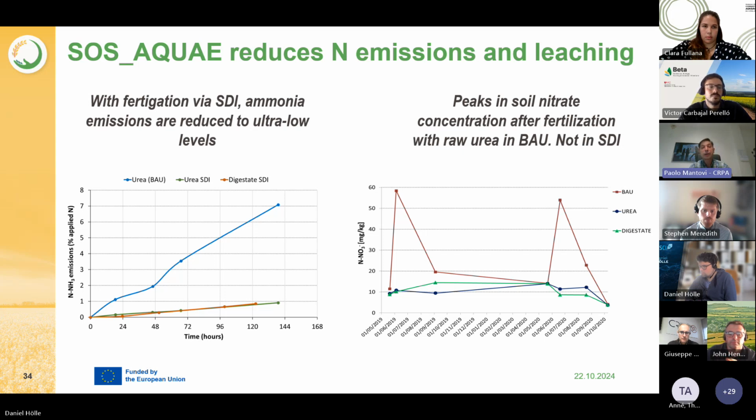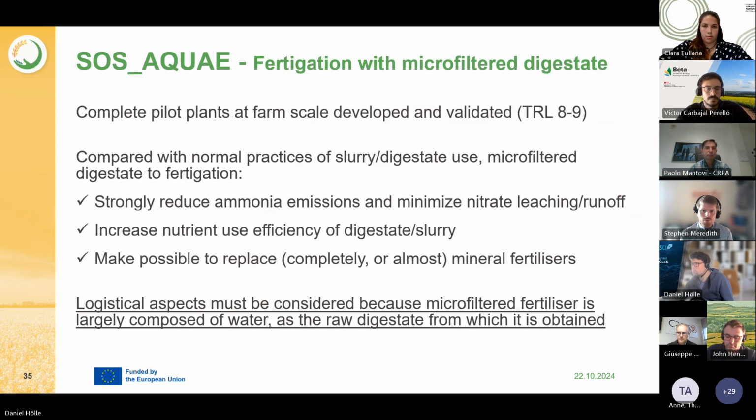And we verified that in the SDI system, there were no peaks of nitrate in the soil, and on the contrary, in the business as usual thesis, we had some important peaks in nitrate concentration. Next one, that is the last.